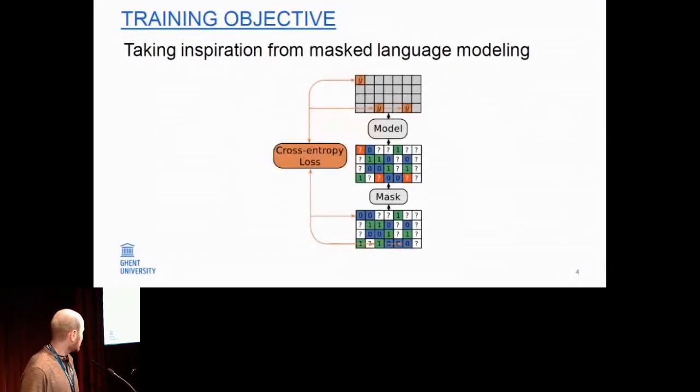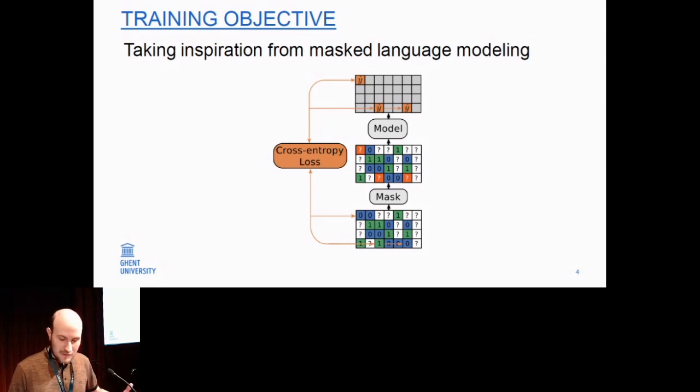So how do we train this whole thing? For that purpose, we take some inspiration from the field of natural language processing, more specifically the BERT language model, in which we have a sentence, then we mask some words in that sentence, and then we ask the model, okay, predict what these words were. And I think there's an interesting parallel with imputation. Here we have a DNA methylation matrix.